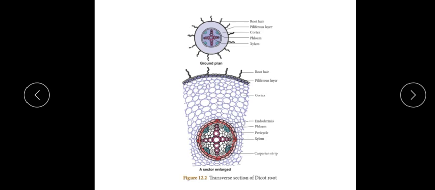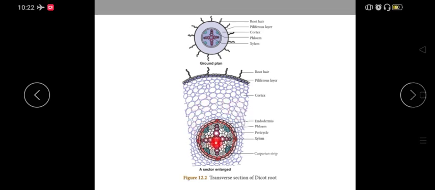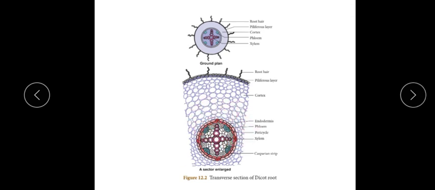Okay, the next layer: you can see a circular space here. Are you able to see the circular space? This circular structure has as its first layer the endodermis layer. You can see a single layer of endodermis. Epidermis is the outer layer or piliferous layer, and endodermis is the innermost layer. Epi means outer, endo means inside.